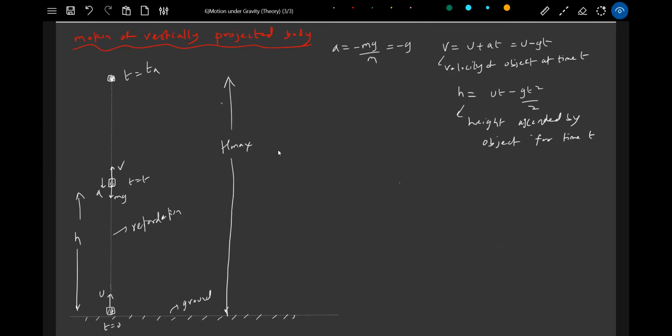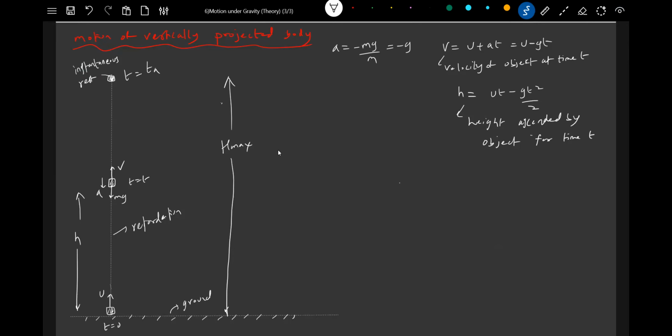Final velocity here is 0. The object is at instantaneous rest here. For a moment it will come to rest, and again it will fall back. At the highest point it will be at rest for a fraction of time, so I'll call that instantaneous rest.